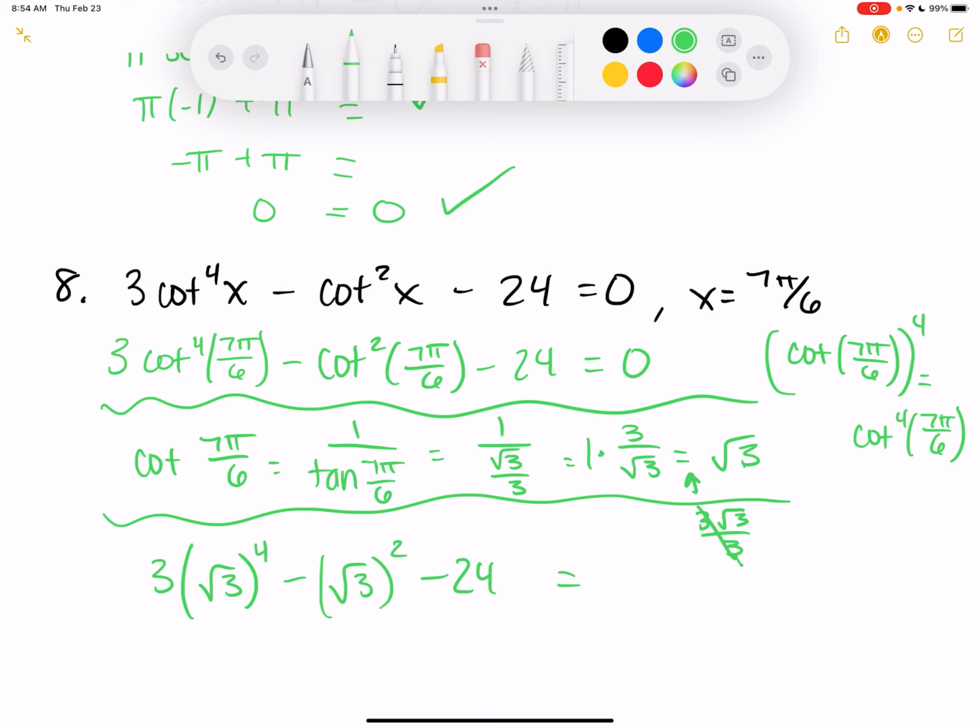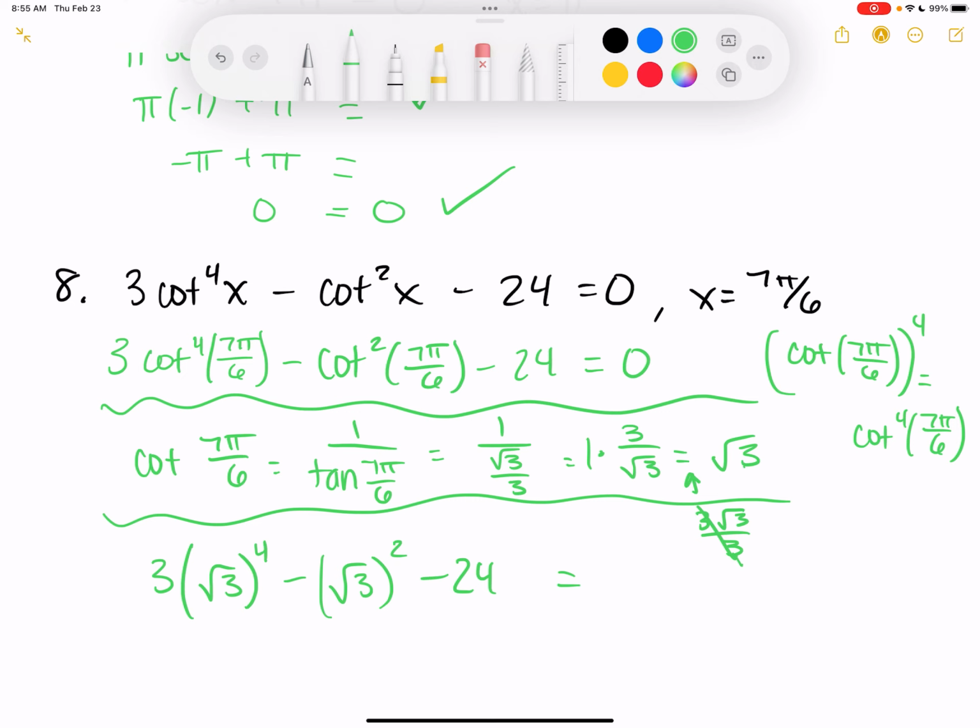Which is more of a later trig thing, but it means the same thing. It's more important once you get to calculus, because of things that we do in there. I prefer to rewrite it this way if it starts out this way, just because it's easier to see.